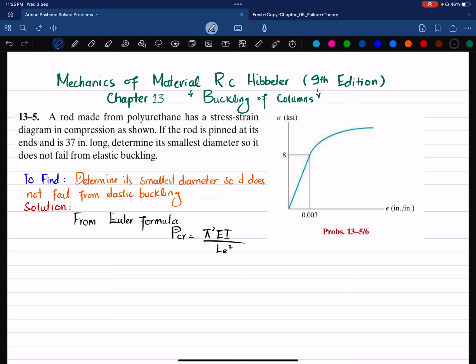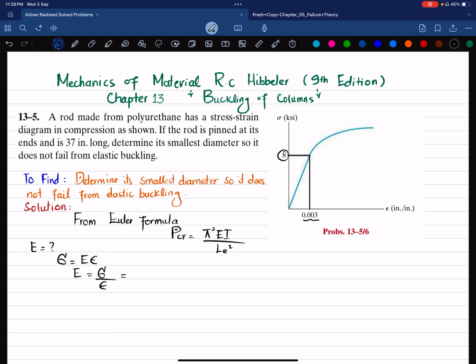So first we'll find this E from the stress-strain curve. As we know, stress is equal to E into epsilon, and E is equal to stress over strain for the elastic region. From this diagram you can see that this is the 8 ksi load and its strain on that load is 0.003, in the elastic region.